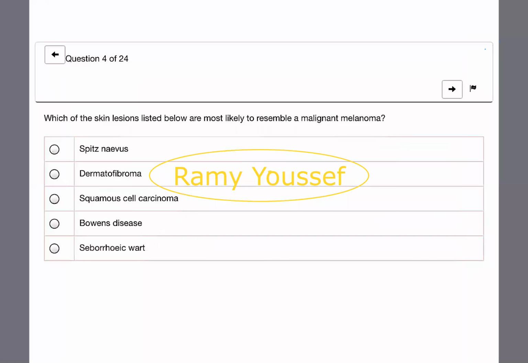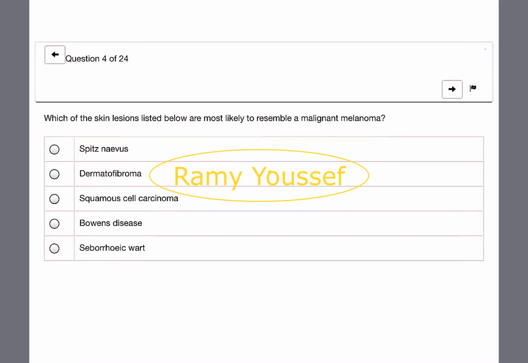Okay, next question, Dr. Daffer. Which of the skin lesions listed below is most likely to resemble a malignant melanoma? Spitz nevus, dermatofibroma, squamous cell carcinoma, Bowen's disease, seborrheic keratosis. It is A. Spitz nevus, yes, exactly.